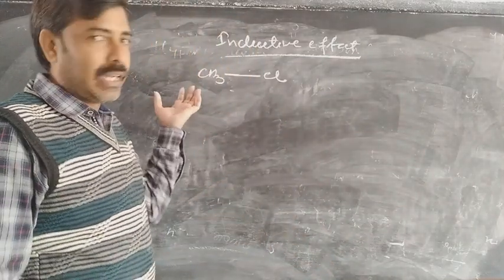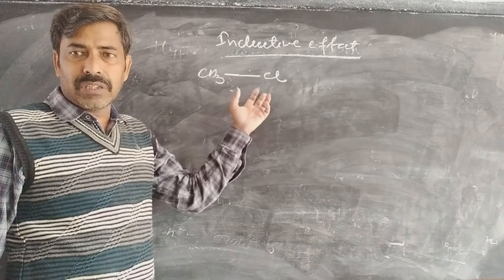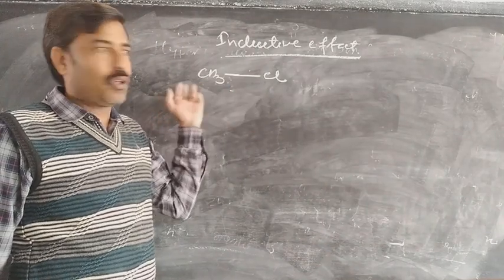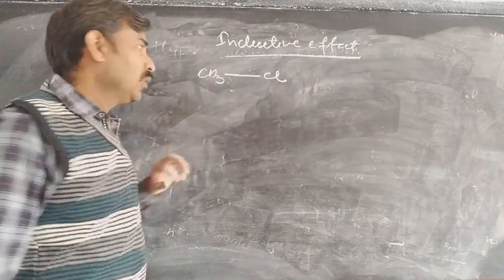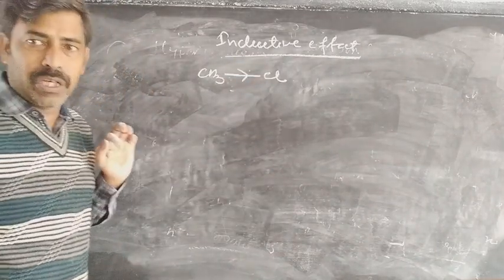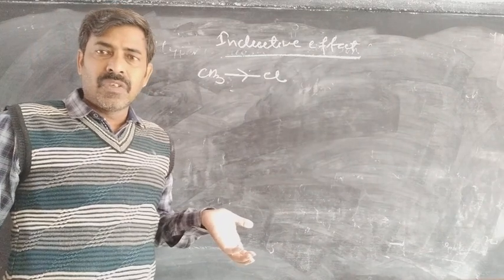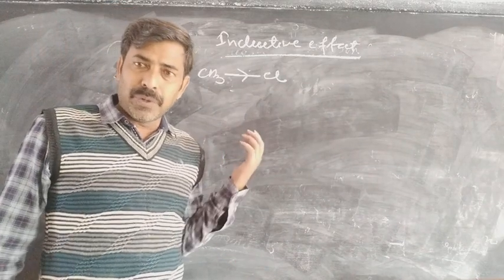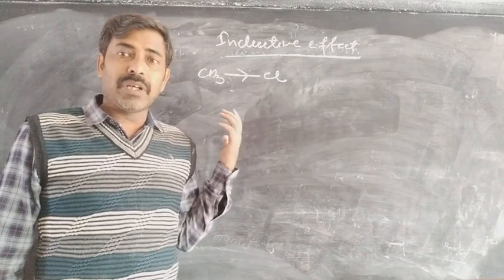Now here, see, the methyl group is attached to chlorine. Carbon is relatively electropositive, chlorine relatively electronegative. So the movement of electron takes place from the electropositive to the electronegative element. Last year, in the previous book, you studied this with the name of the dipole moment.